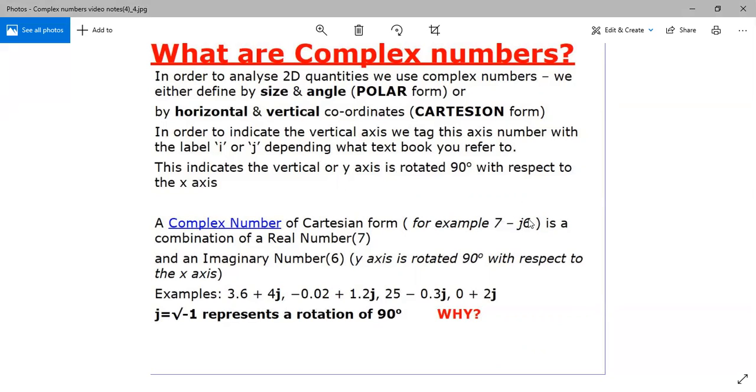How do we know it's vertical? It's because it's got a j operator, which is explaining that there's a rotation of 90 degrees with respect to the horizontal. So the 6 is a real number, the 7 is a real number, and that j is an imaginary number and represents a rotation of 90 degrees. Mathematically, j is the square root of -1.